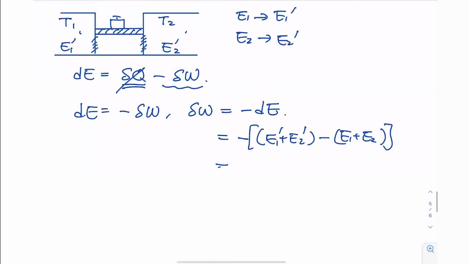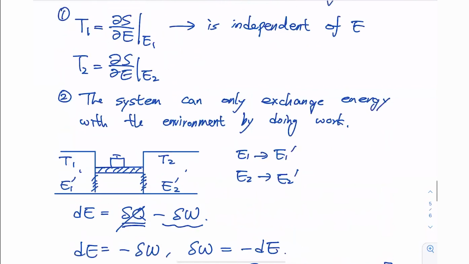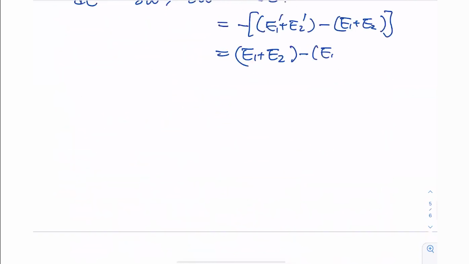And basically that will give us the energy difference. Okay, so that's the work done after this cycle.